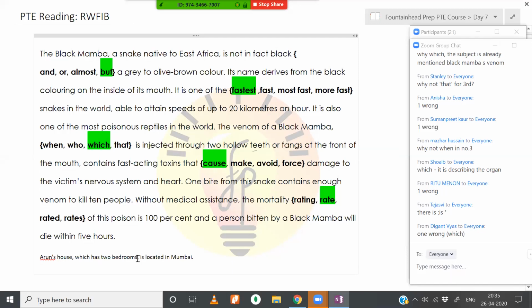And then you have Arun's house that has 2 bedrooms is located in Mumbai. Are these two sentences the same?